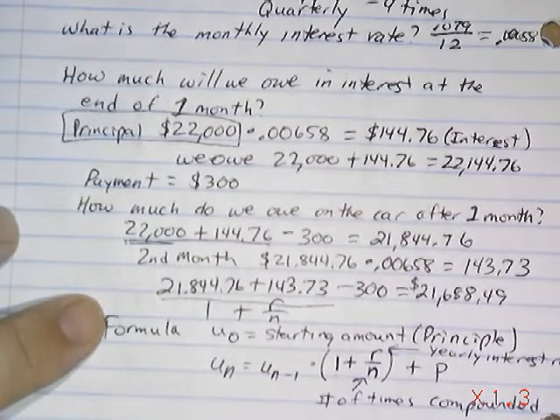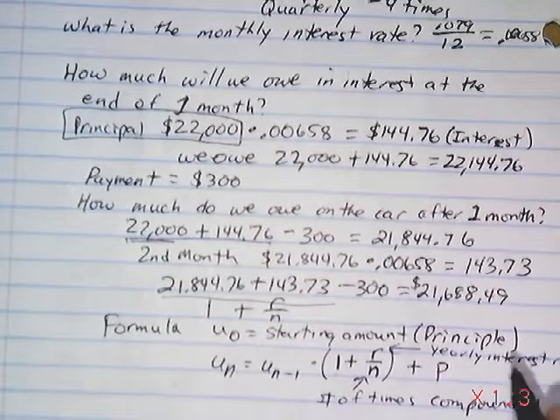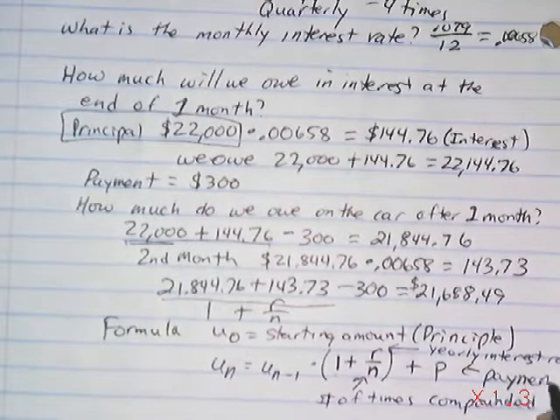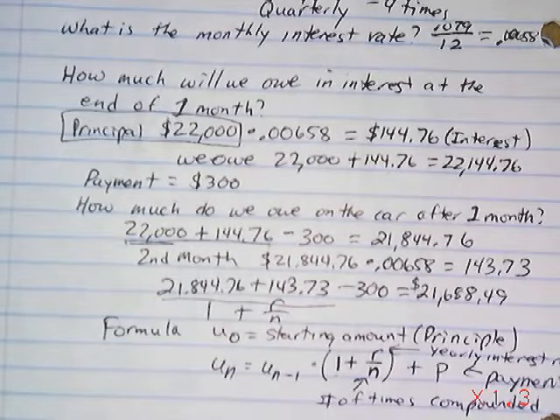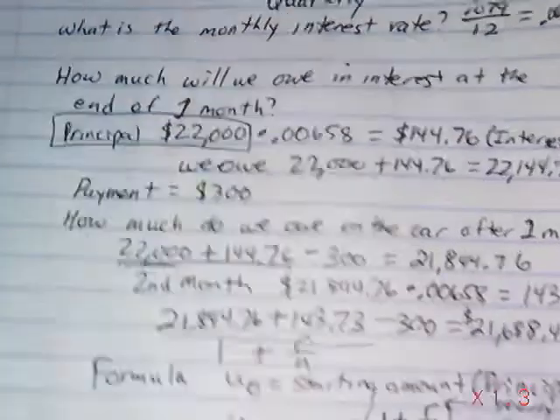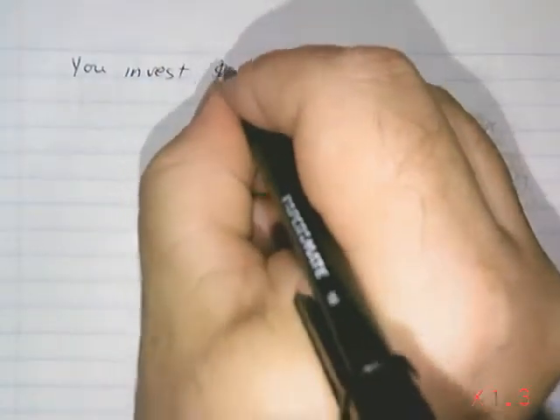So at the end of 3 months, because we're not doing it every month, we're doing it every 3 months, every quarter, we would have $3,145. This would be the end of the first, u sub 1 in this case is the first quarter. After the first quarter, we would have $3,145.